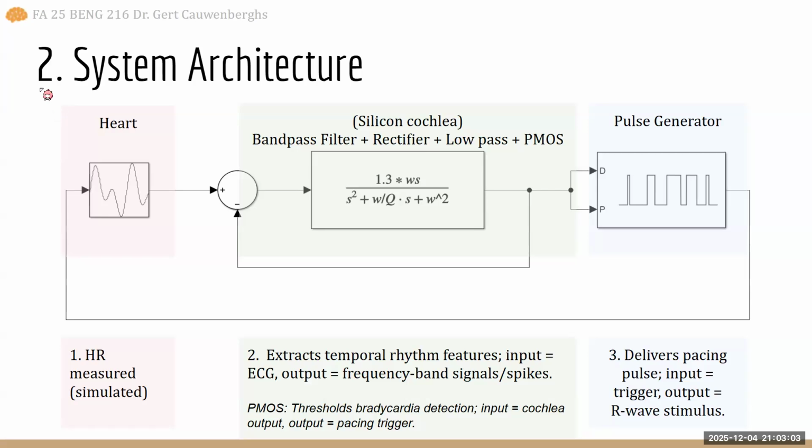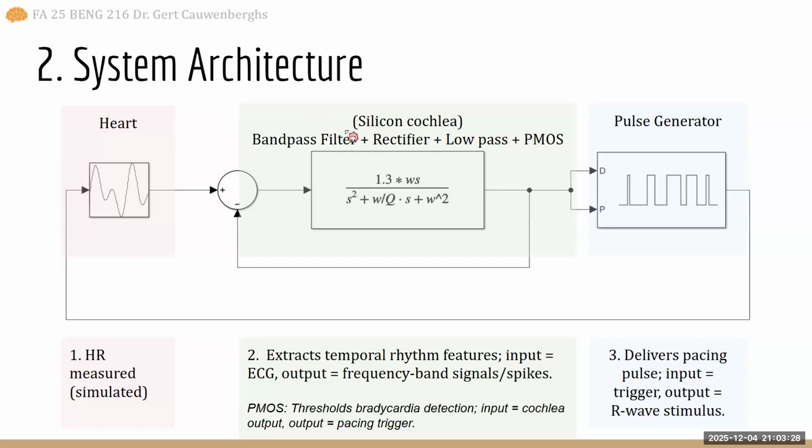So, the system architecture. I'll start with the heart, where we do a heart rate measure. We simulate it in Cadence, and then in the second part we have a silicon cochlea that includes a bandpass filter plus a rectifier plus a low pass filter, and then the PMOS to change from voltage to current.